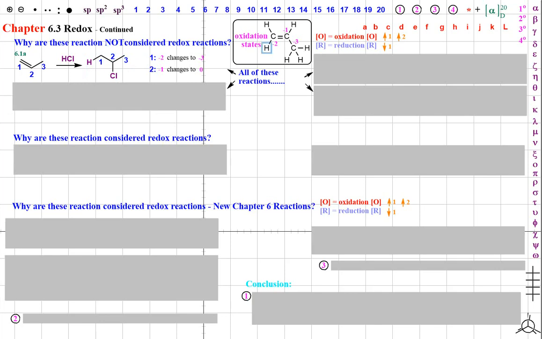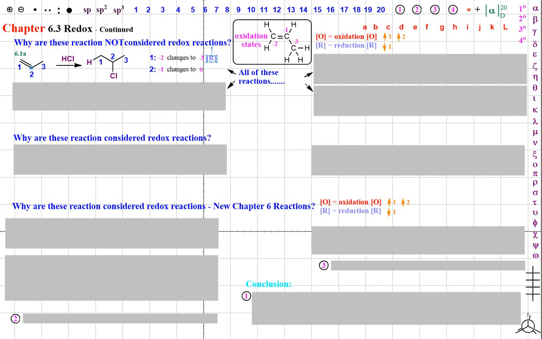Oxidation states. If we look at the beginning, we started with a -2 on the left. We replaced a pi bond between 2 carbons with this new bond to hydrogen. So our oxidation state went down by 1. We call that a reduction. Went down from -2 to -3.